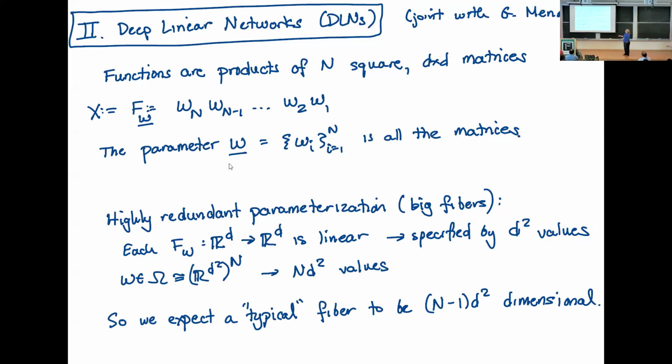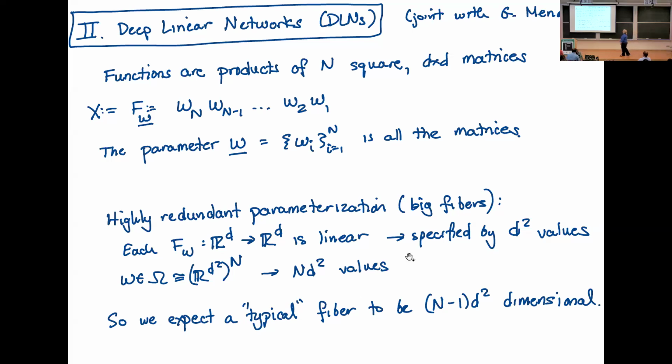Each particular function is a linear function from d-dimensional space to itself, so it's given by a matrix that has d squared entries. It's a d squared dimensional space of functions. On the other hand, there are N matrices, each of which has d squared entries, so you have N d squared parameters.